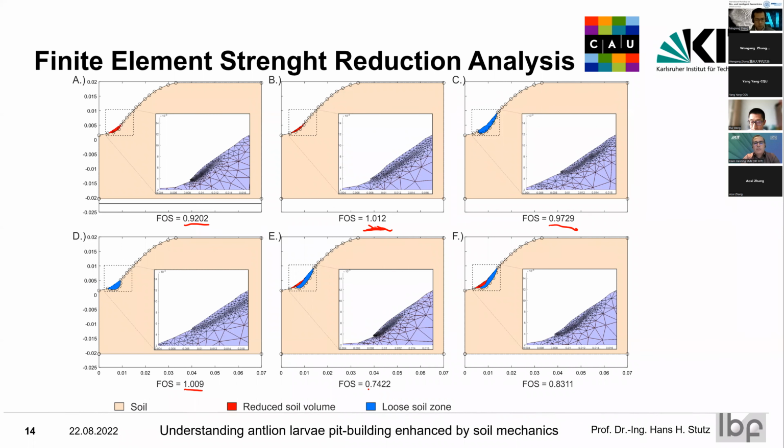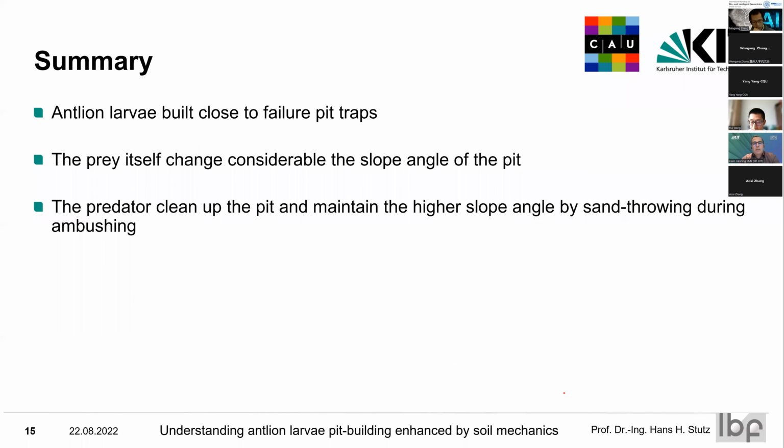But if you have the combined effect of a reduced soil volume or changed geometry and a looser soil around where the antlion is ambushing or throwing the sand, then you get factors of safety which are really low, which means that the slope is in a failure mode and sliding. So the prey which walks on the slope is sliding down and can then be captured by this antlion. And basically that's the whole story we did in this research, which was really nice, working with the zoologists.